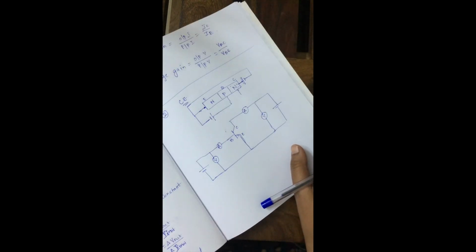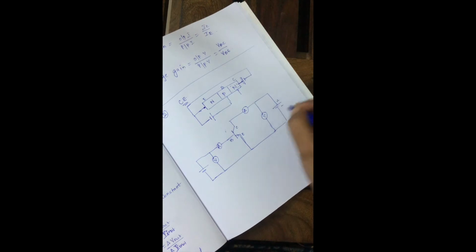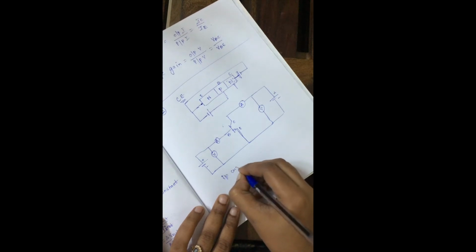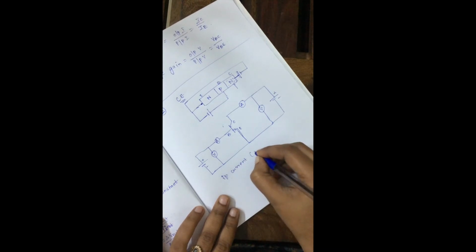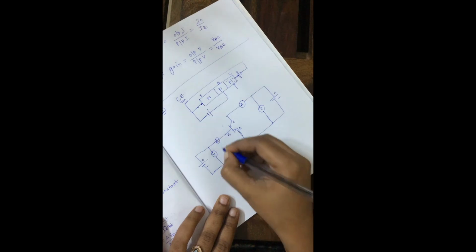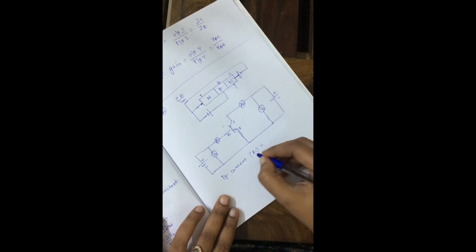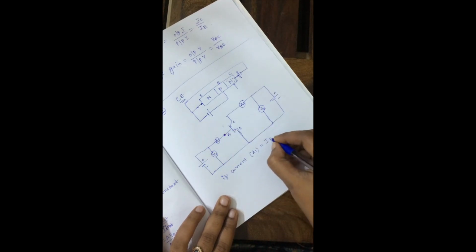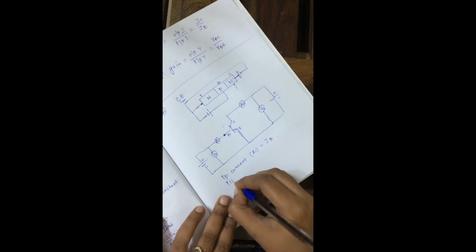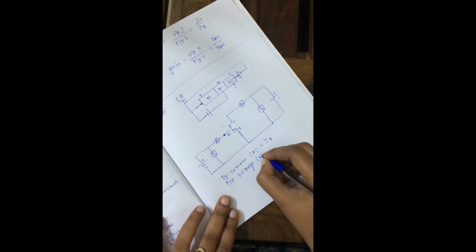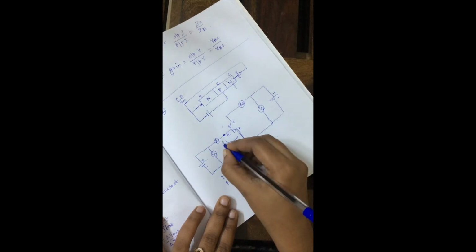So this is the graph. Here what is input current? Input current is measured by ammeter A1, V1, A2, V2. So A1 input current is IB. Okay. So the input voltage, which is measured by V1, is across this one.